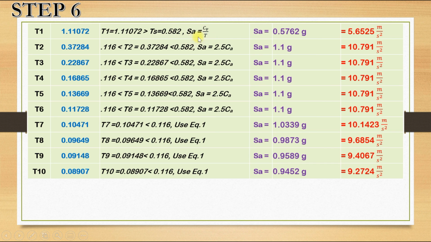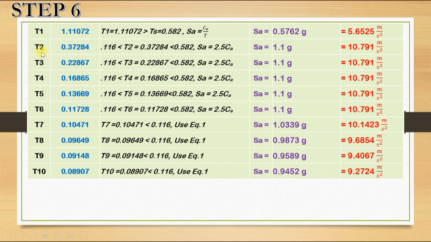So, gagamitin natin itong formula na SA is equal to CV over T. Dahil ito ay indicated doon sa graph kanina. So, gamit ito, makukuha natin yung value ng SA, which is 0.5762 pag multiply natin ng gravity which is 9.81 meter per second squared. So ito na yung magiging value niya, 5.6525 m over s squared.